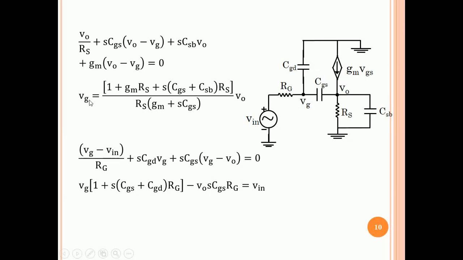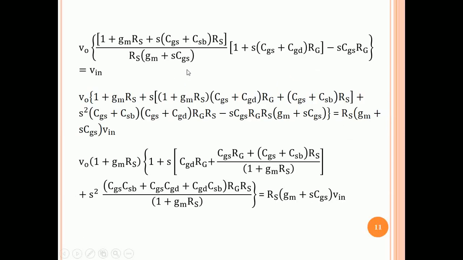Then we substitute for VG in terms of VO from the first equation, so we can find VO in terms of Vin. This equation is kind of long, which is good. You must learn to do this, and of course you should even include RO, so it will be even longer. I'm not going through this algebra, you should go through it yourself.